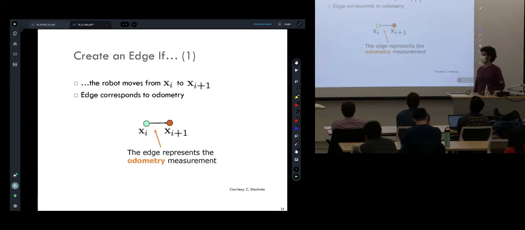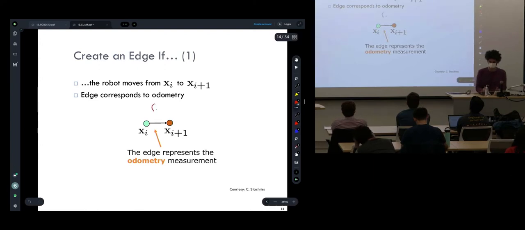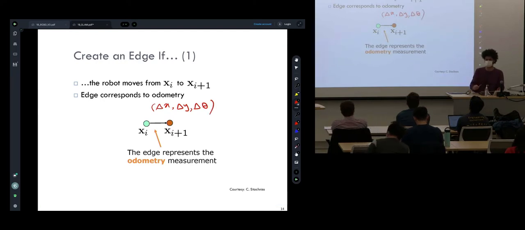Now, as the robot moves in the environment, you have an odometry constraint between node i and i plus 1. Maybe from the wheel encoder, you know your delta x, delta y, delta theta movement, and then that will give you an SE2 constraint in the graph.